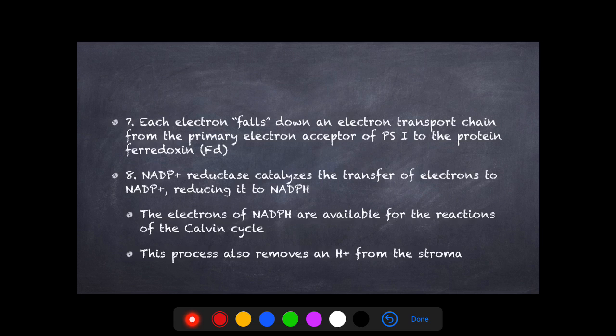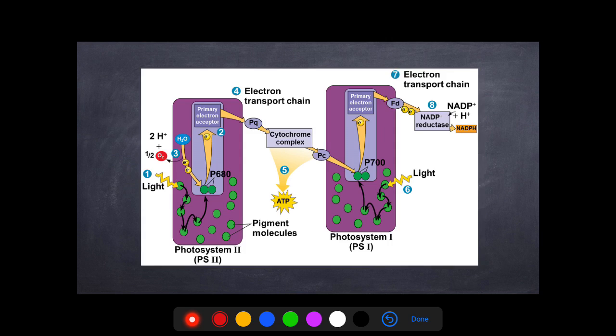Then the electrons that are now being shuttled in NADPH can be used in the Calvin cycle, which, remember, we said that the light reaction supplies NADPH as well as ATP for the Calvin cycle for photosynthesis to occur. And this occurs because hydrogen is removed from the stroma.